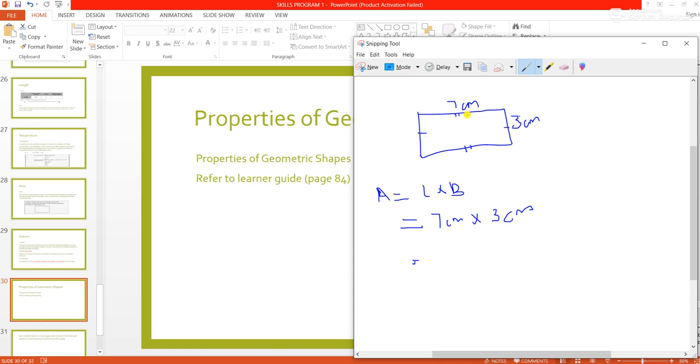So in total we've got 14, because when you add these two sides, and this side is 6, when you times 14 times 6, it will give you the area of this rectangle.